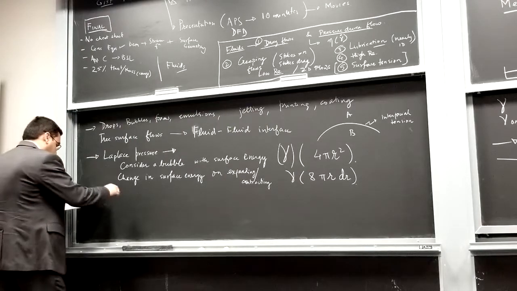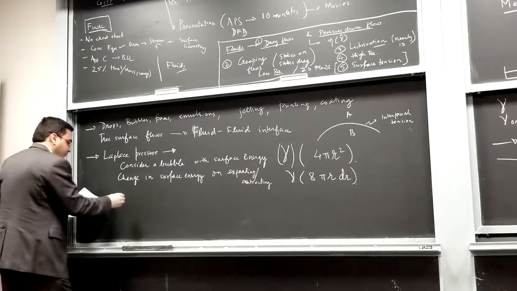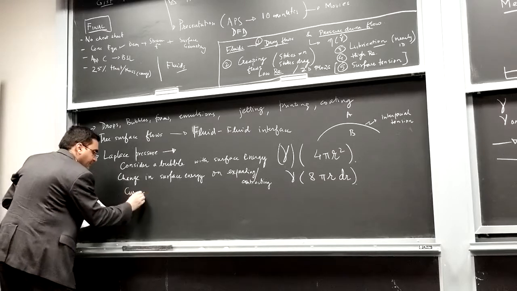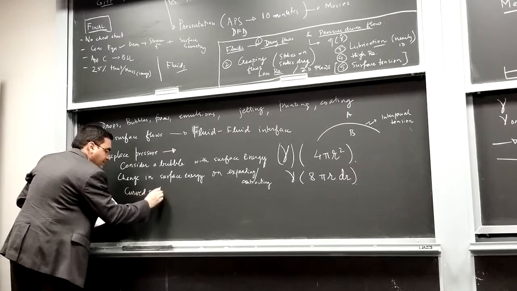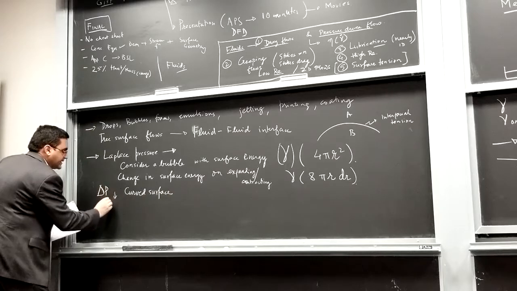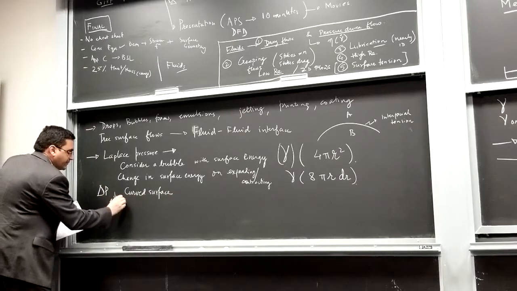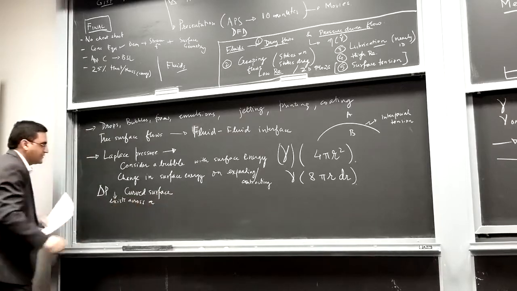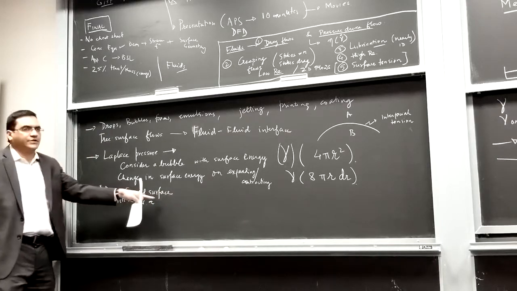It turns out that whenever you have a curved surface, there's a delta P that exists across a curved surface. So a pressure difference exists across a curved surface.